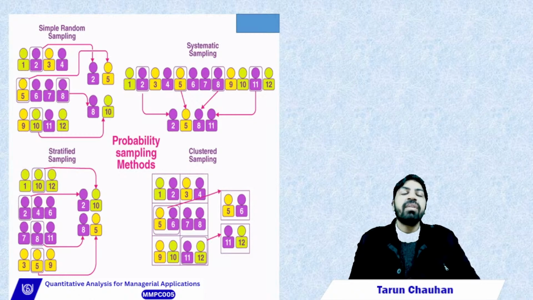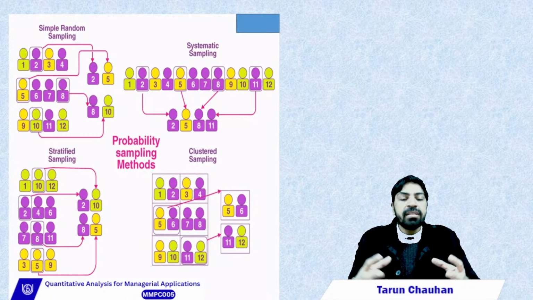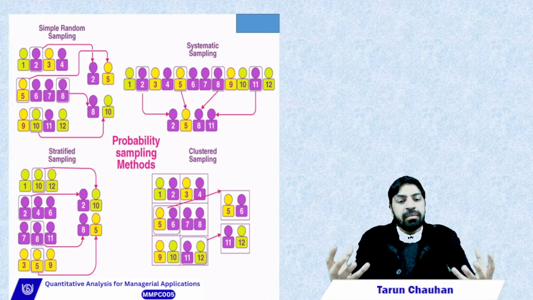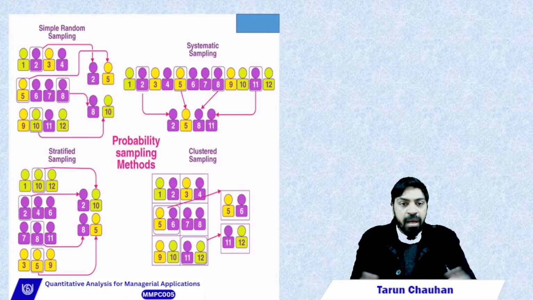Cluster sampling, we divide the population based on location, based on branches as clusters. Clusters are all about any type of location or area.